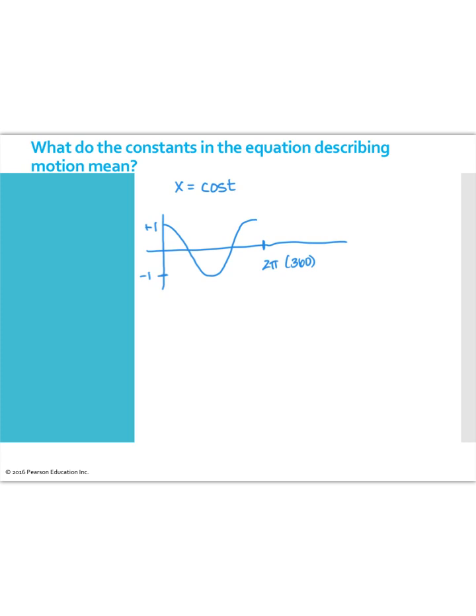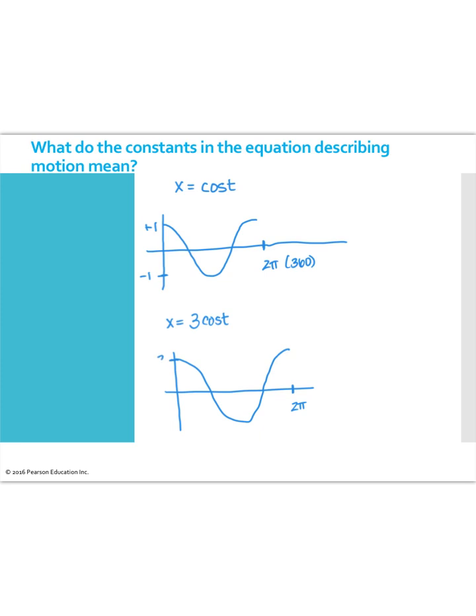If I change this and I write x equals 3 cosine t, what changes about this drawing that I drew up above? It doesn't affect the fact that it takes the cosine function 2 pi radians, or 360 degrees, to go through one complete oscillation.